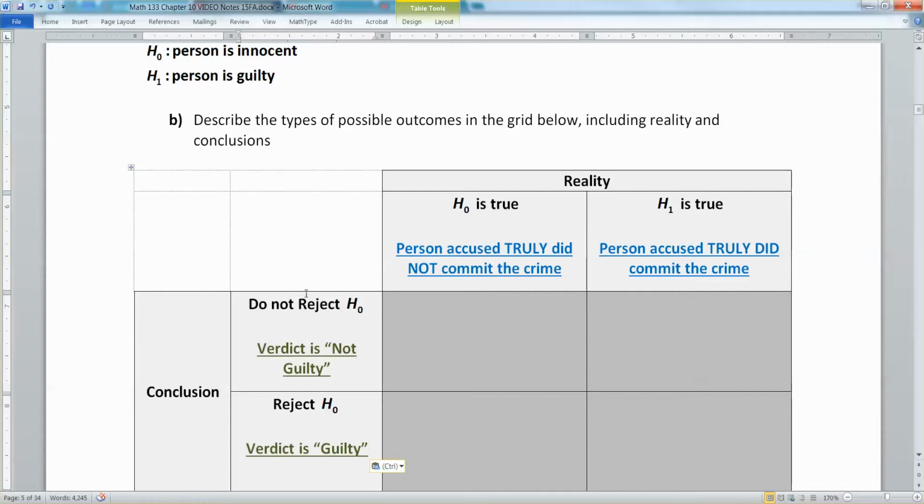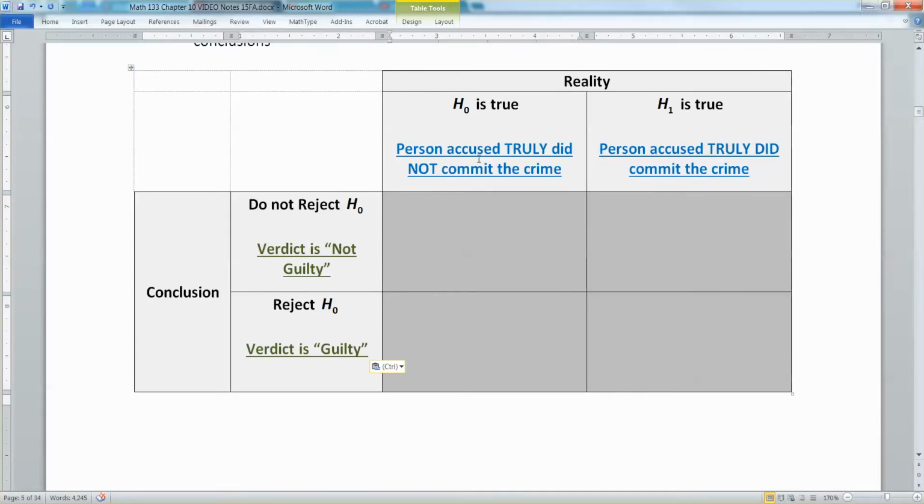Okay, so let's look here. What are the four possibilities? In the top left corner, the person truly did not commit the crime. They are actually innocent. And the verdict was not guilty. That'd be this corner right here. And that'd be a great corner to have, because that's a correct decision. It's an innocent person going free.